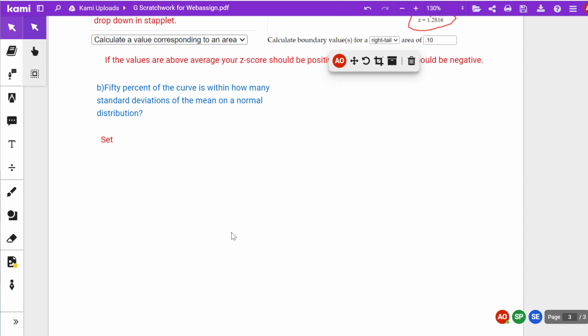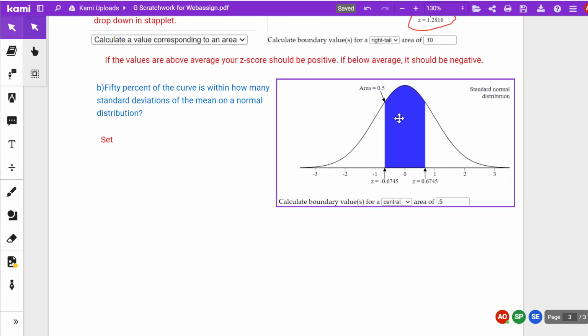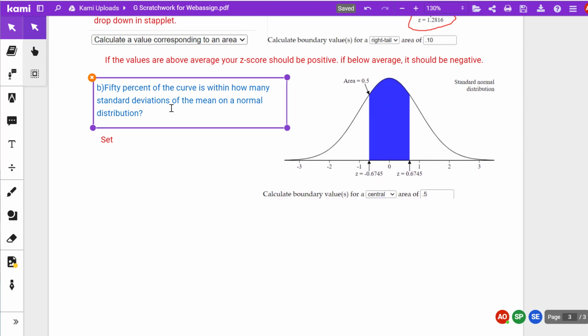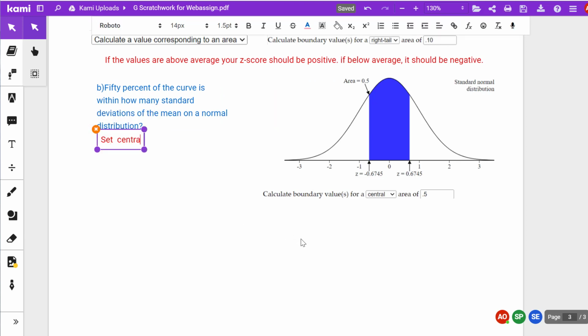And it's nice if you set that to show labels. It really helps. So there we go. Here they're trying to figure out how many standard deviations. Set the central area to 0.50.